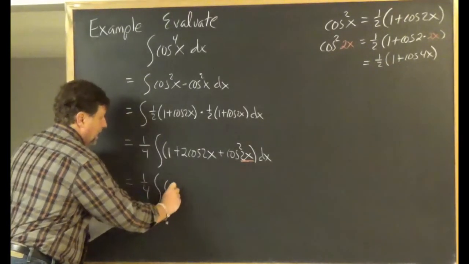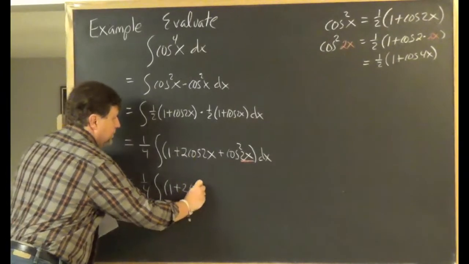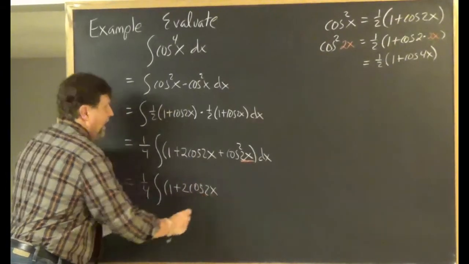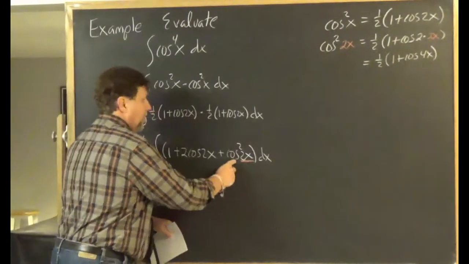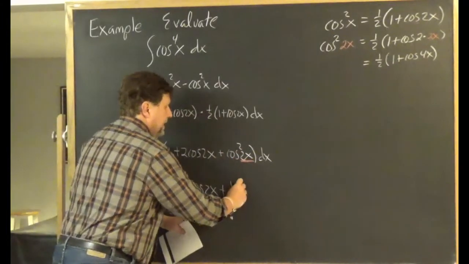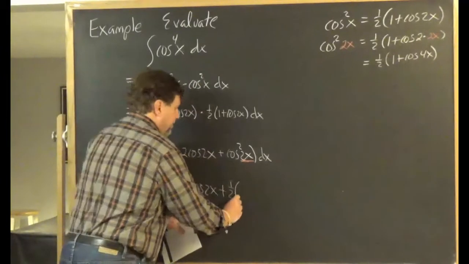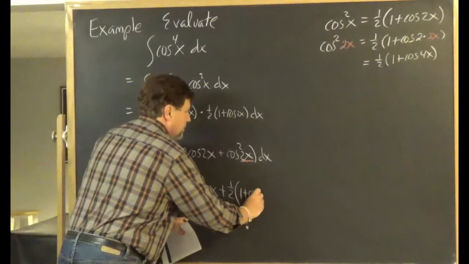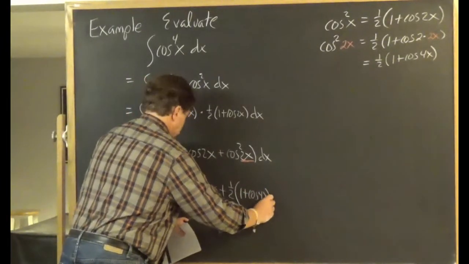Okay, we still have a 1, we still have the 2 cosine 2x, and cosine squared 2x, well, the power reducing identity gives that to be 1/2 times 1 plus cosine 4x.